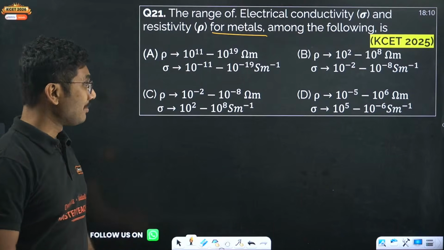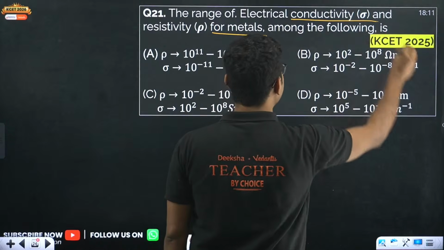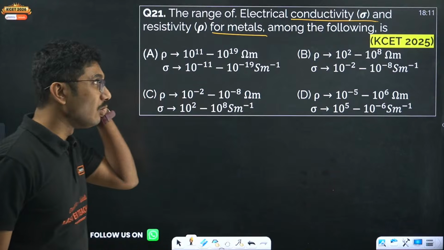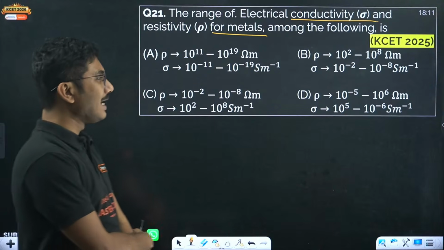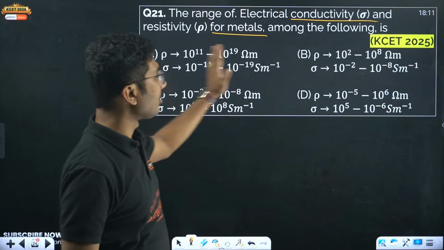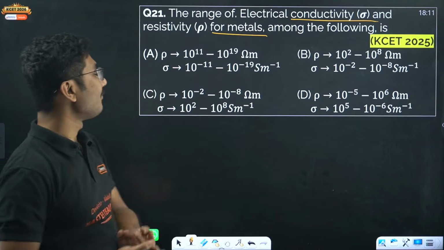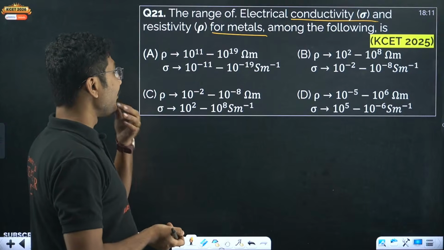Remember that metals have a very high conductivity and very low resistivity. So from the given options, which one has very high conductivity and very low resistivity?